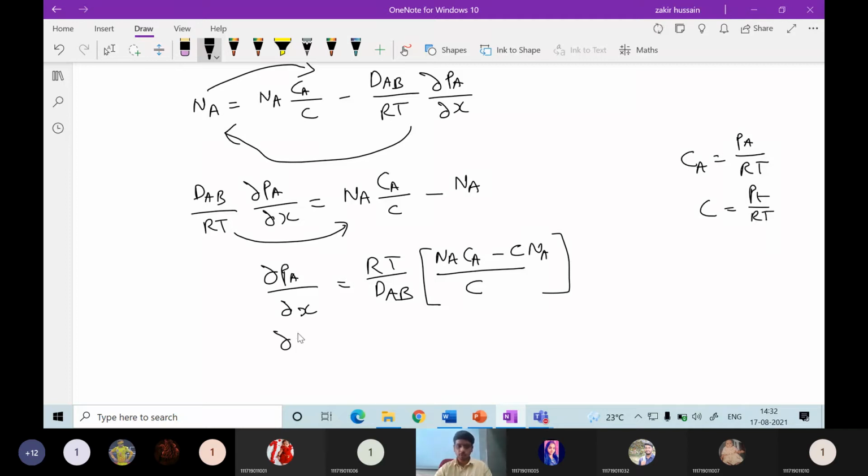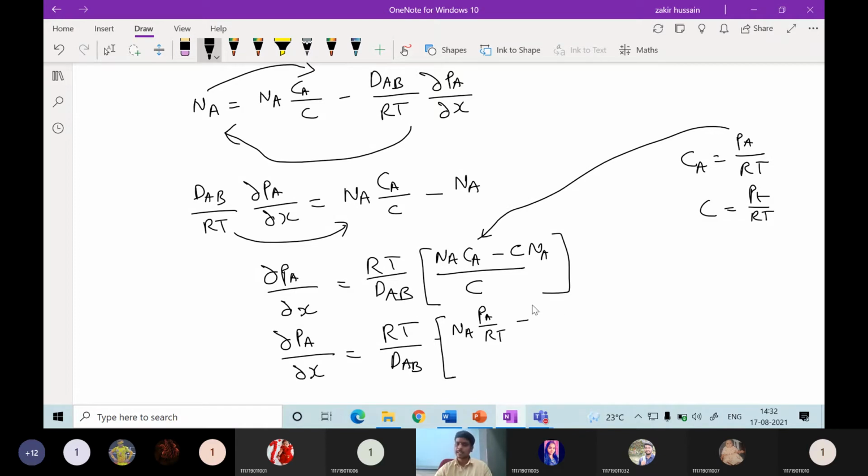That is dou PA by dou X is equal to RT by DAB into NA. In place of CA we can substitute PA by RT, minus, in place of C we can substitute PT by RT, into NA divided by PT by RT.